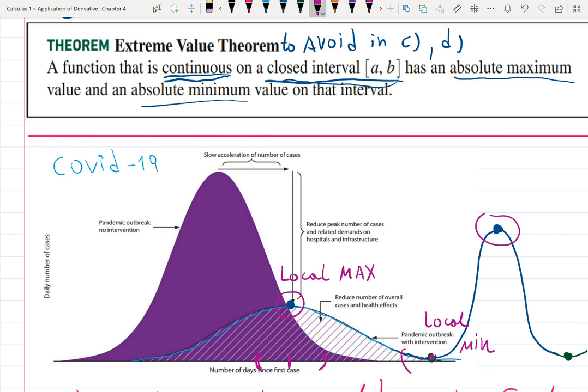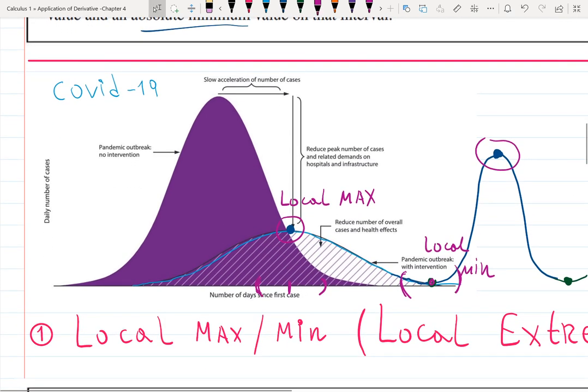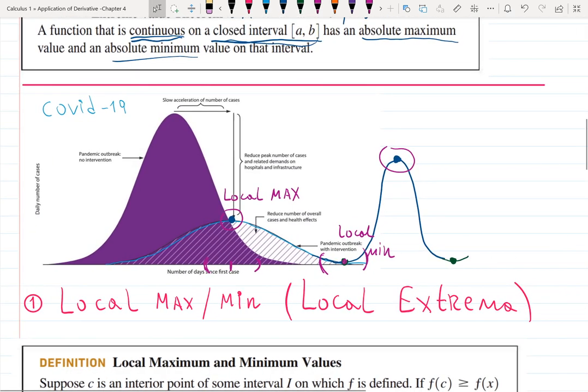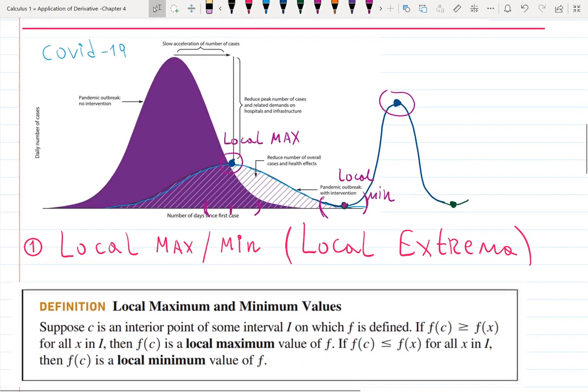Same here. This value is the smallest one, maybe not everywhere. Maybe it is everywhere, but at least we definitely can say it is the minimum here in the interval. So this is a nice definition of local minimum and maximum, or local extrema, local extreme values.